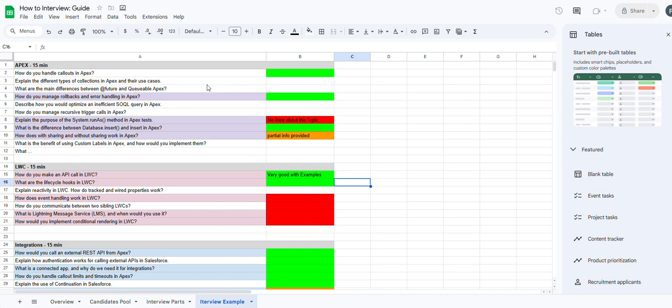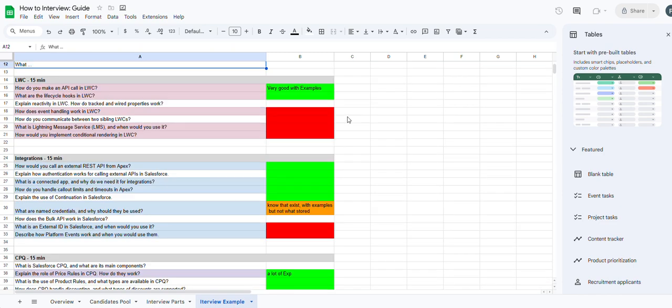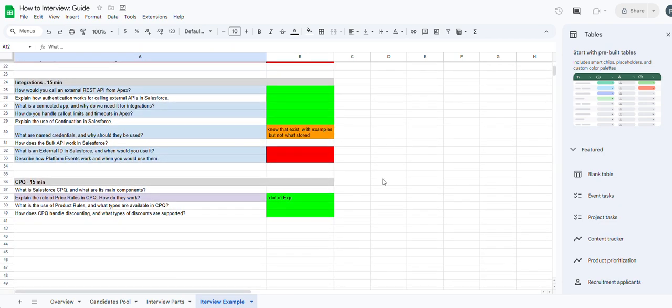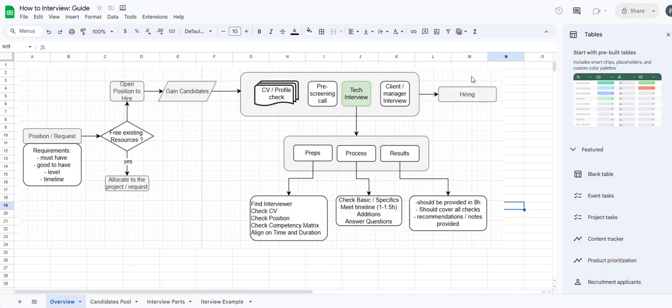When they decide whether to recommend that person or not, they decide if they would like to have that person in their team, and after that they put their interview status, recommended or not recommended, according to the results that we could see in our interview template. When everything is done, of course, there will be some kind of decision at the management level. But in our video, we are only focused on our technical interview.